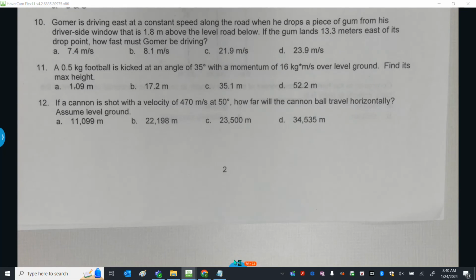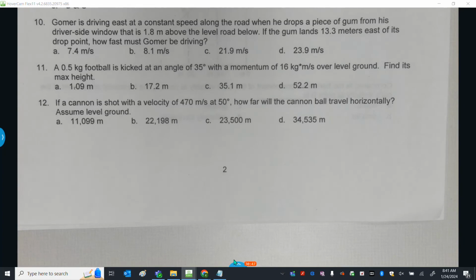Because as the gum is falling to the ground, it's a horizontal projectile, because it had an initial horizontal speed. You drop it, it's a horizontal projectile, it falls to the ground. If there's no air resistance, it's going to keep moving forward at the same speed that the car is. So when it lands, the car should be right above it or right next to it, however you want to think about it. And so you need to keep that in mind.